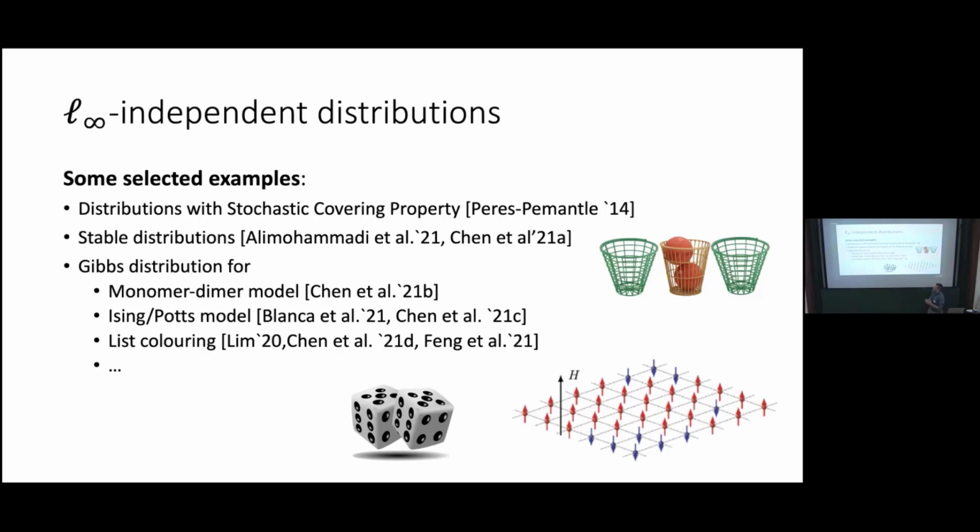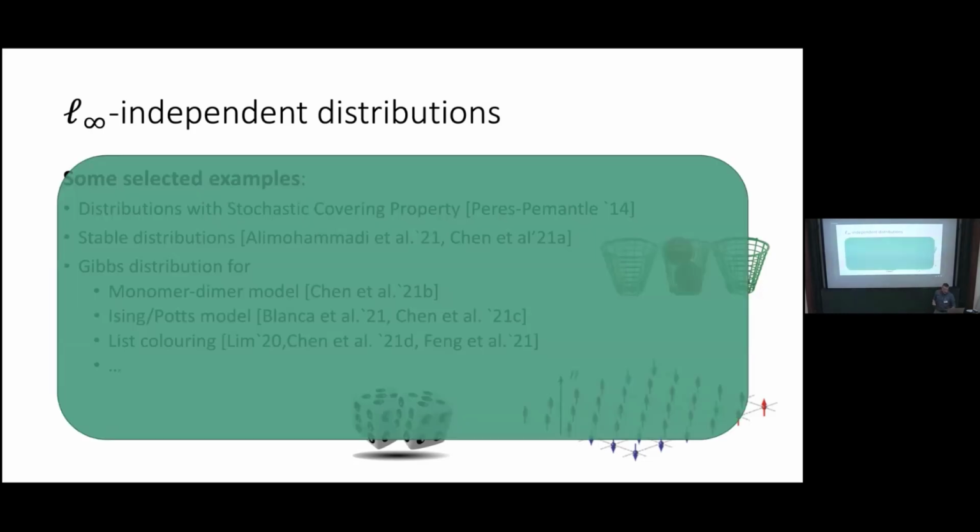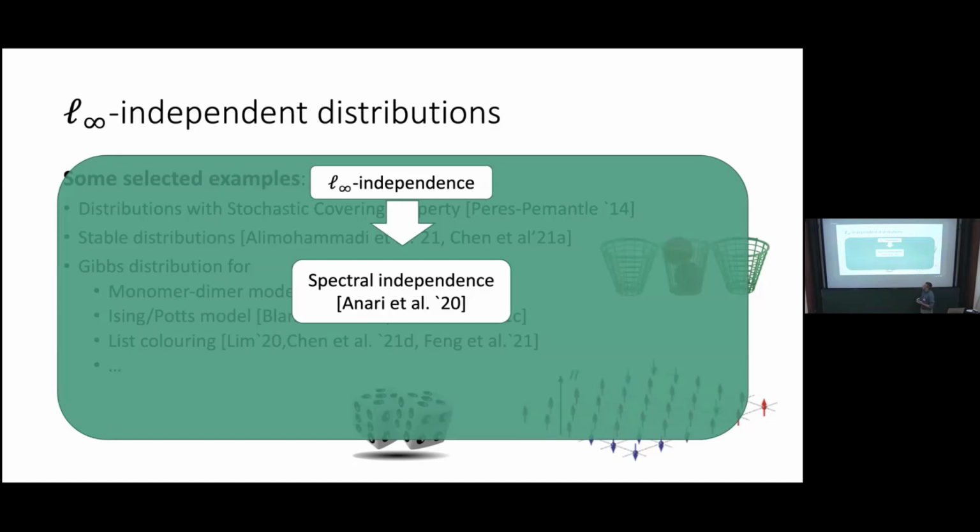The reason why we have all these examples that are extremely recent is because L-infinity independence actually implies another property which is called spectral independence, introduced by Anari, Liu, and Oveis Gharan, and from this property, using some theory that comes from high-dimensional expanders, we can prove that we obtain fast mixing for the Markov chain Monte Carlo methods for sampling from those distributions.